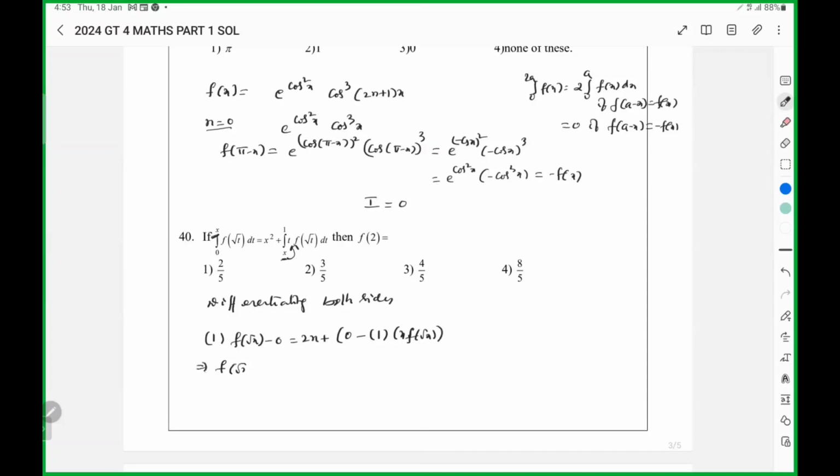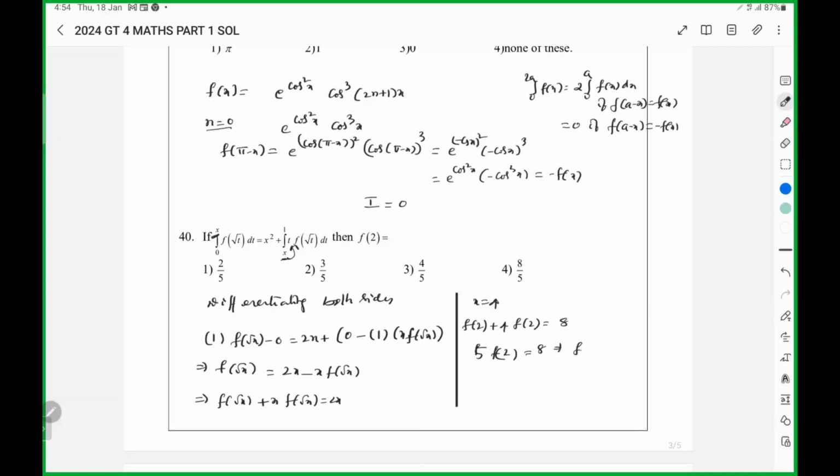F of root x is x. Since here what I have to find out is, take x as 4. So 5f of 2 is equal to 8. So f of 2 becomes 8 by 4.